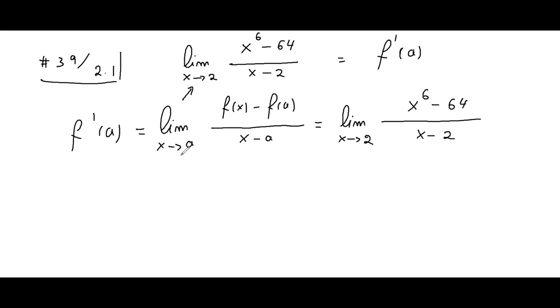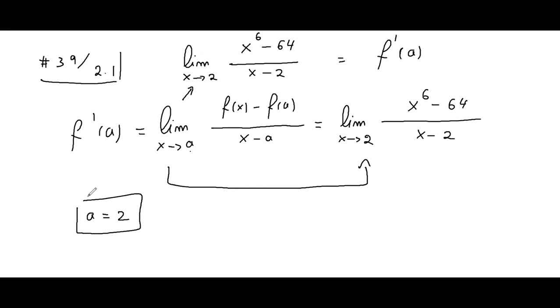By comparing the two formulas, I can see first of all that a has got to be 2. So I can choose a to be 2. That's very easy, and then I get the limit as x goes to 2. I also see that x minus a and x minus 2 identify themselves at the bottom.